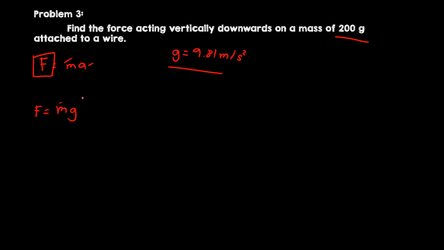So we have the m of 200 grams, which we need to convert in kilograms, and g, which is the acceleration due to gravity, which is 9.81 meter per second squared. Okay, so direct conversion natin yung grams, which is 200 grams is equals to 0.2 kilograms times G of 9.81 meters per second squared.